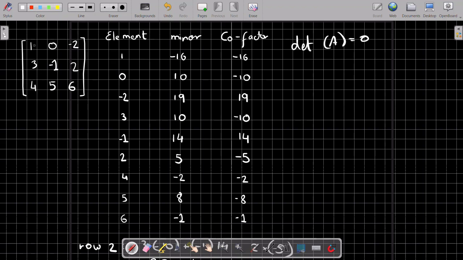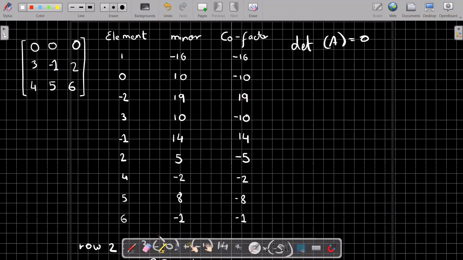This is very easy to see because if I convert, let's say, this 1 to 0 and this 2 to 0, and expand along this line, over here you will get 0 into minus 16 plus 0 into minus 10 plus 0 into minus 19, and you'll get 0.